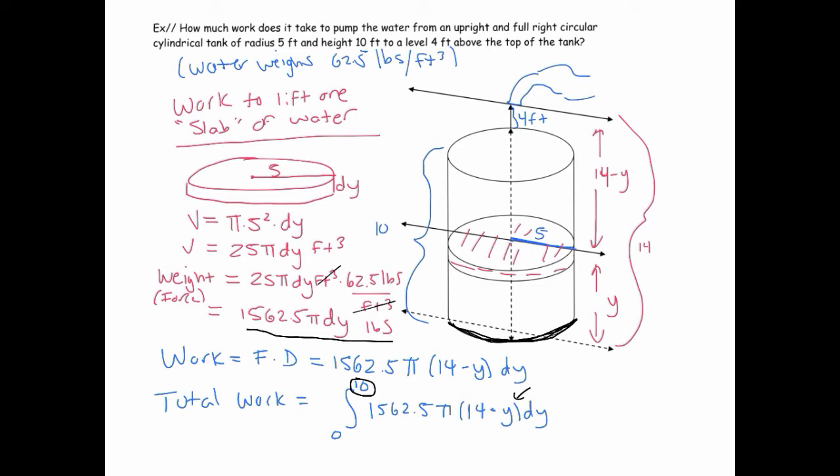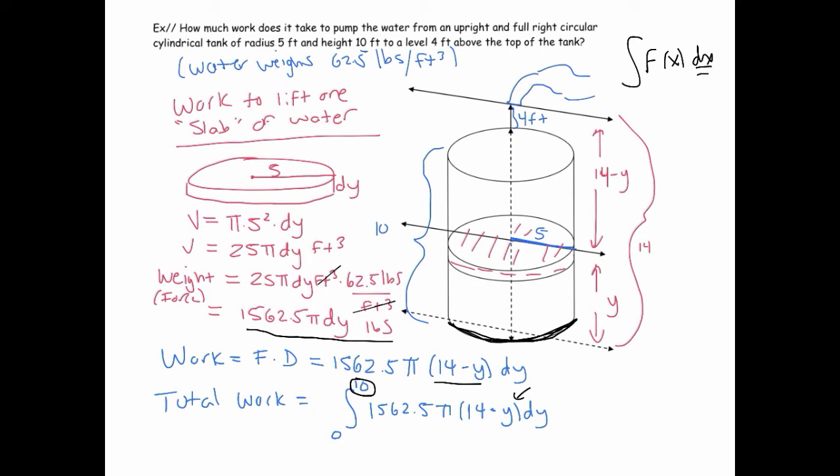In the basic integral before, you had force, and the dx was actually taking care of the units of distance. But here, that dy is not part of the units for distance, so we need another expression to account for distance, and that's where this 14 minus y comes in.